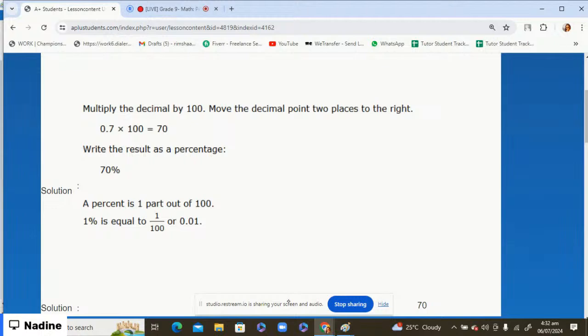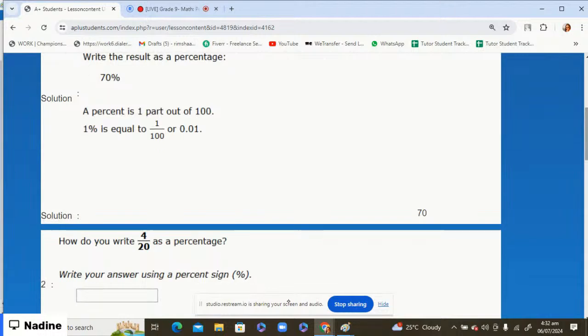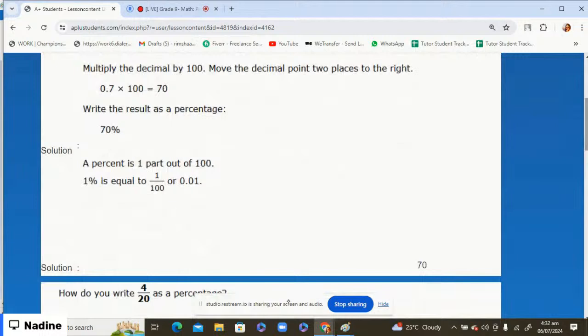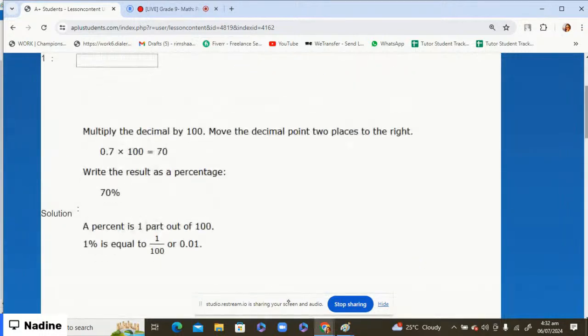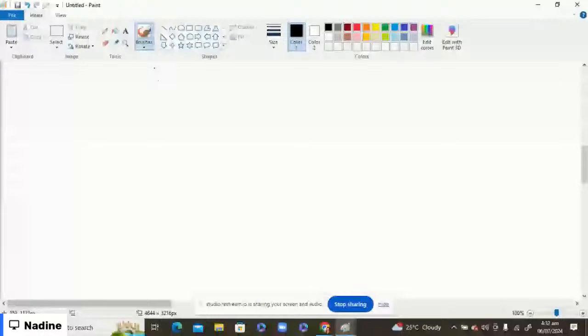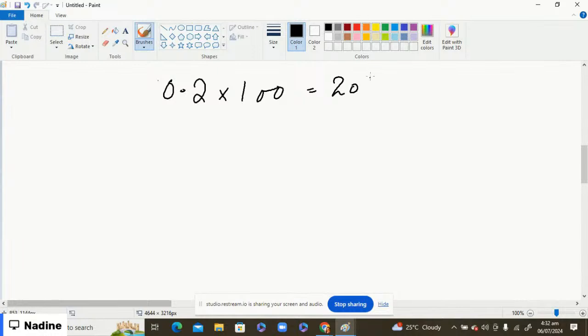Now one more question. For example, 0.2 converted into a percent, just multiply by 100, then you get the answer 20%.